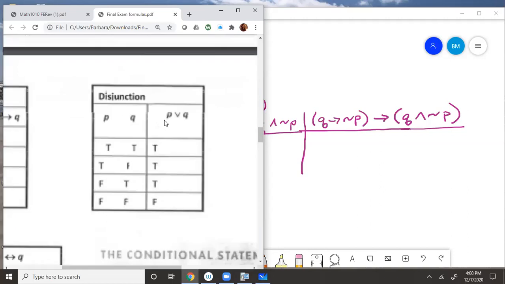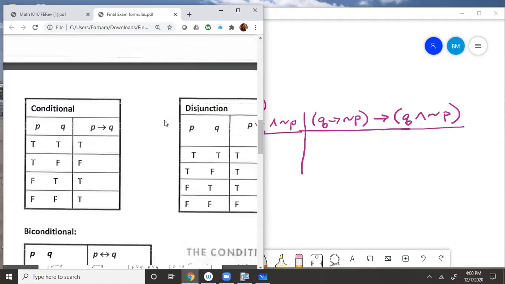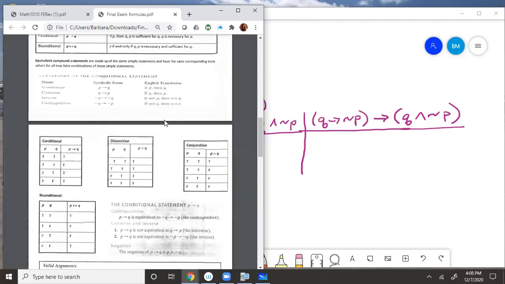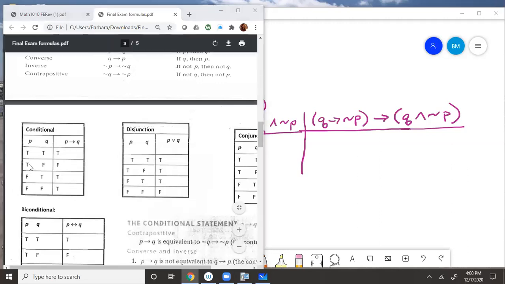So this is a really good piece to have right here on the conditional, right? The conditional is false only when P is true, the antecedent is true, and the consequent is false. That's the only time a conditional is false. The rest of the time it's true.